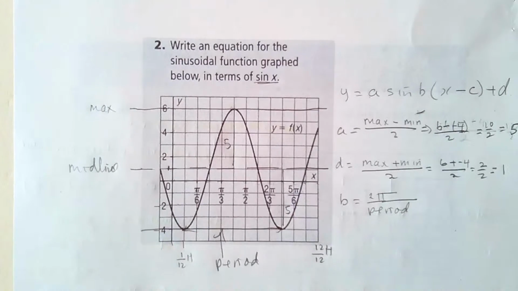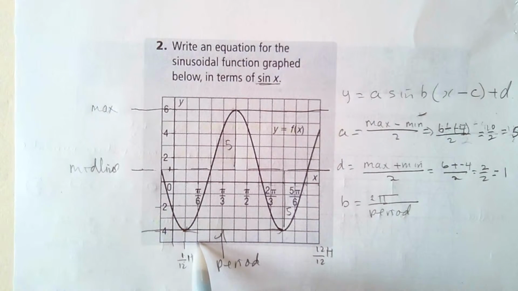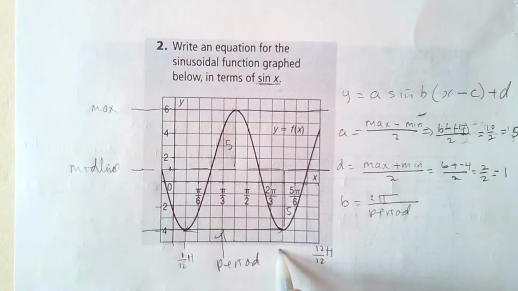This is a half of pi over 6. So we're starting the period from 1/12 pi, and this goes up to 2, 3, 4, 5, 6, 7, 8, 9.